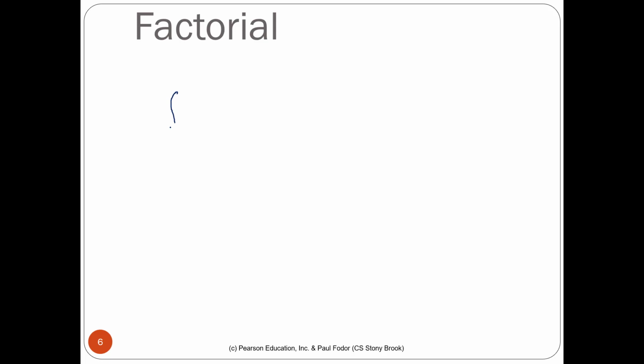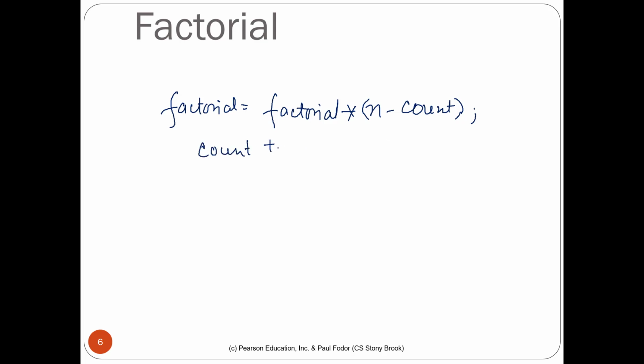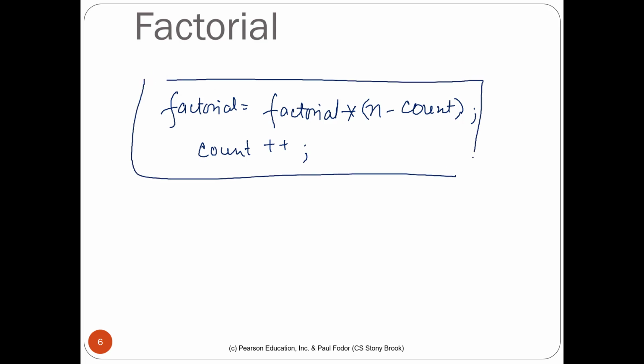What I am doing is factorial is equal to factorial multiplied by n minus count, and then I am doing count plus plus. That's one way. This way, 5 factorial would be computed as 5 multiplied by 4 multiplied by 3 multiplied by 2 multiplied by 1, right?